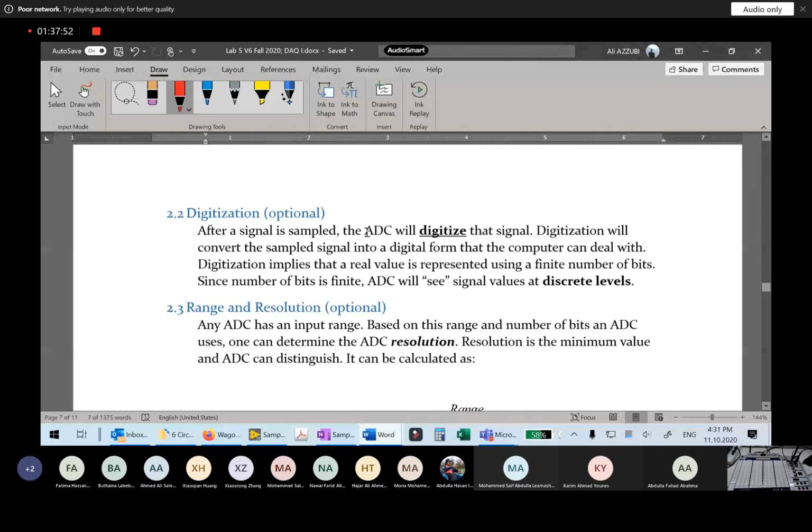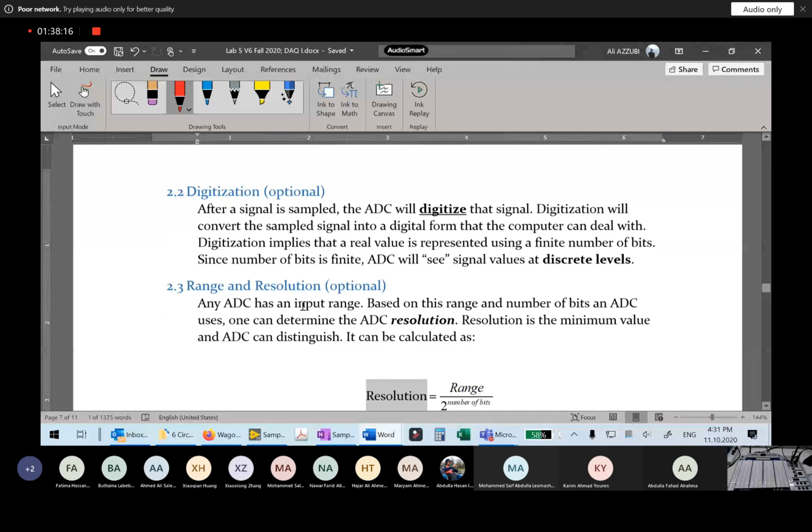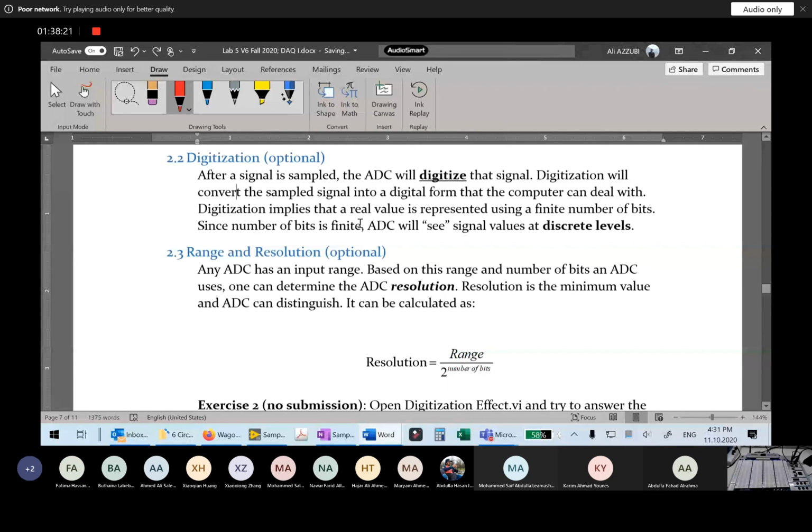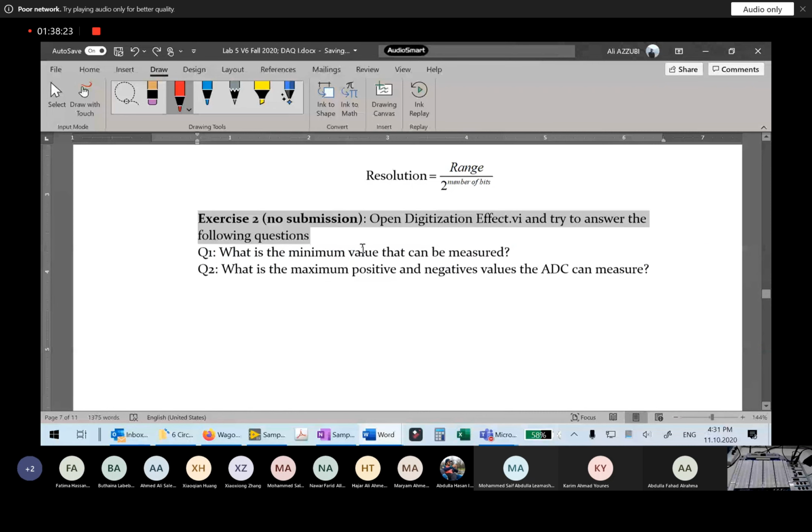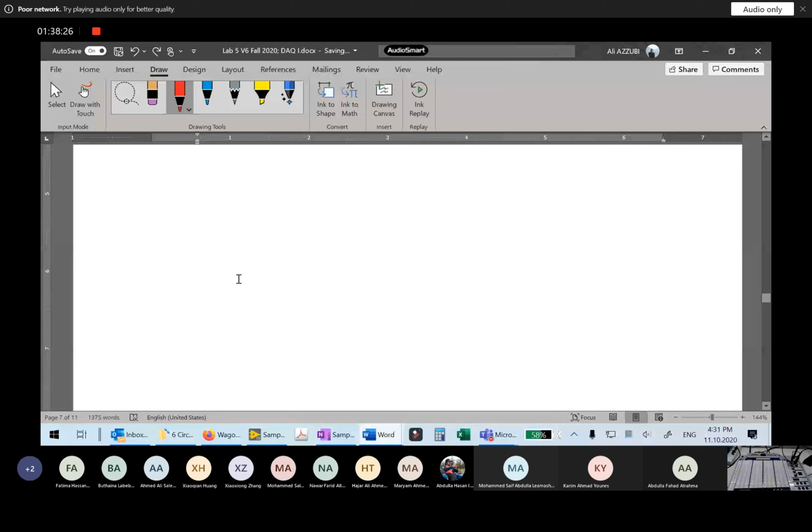Now you're converting the signal to digital form. Then you use a number of bits to represent the signal, and this will have a limitation on the y-axis, basically your resolution and the minimum measurement you can achieve. But I will skip this. I'm not going to explain it. So exercise 2, you can skip. Shabab, question?